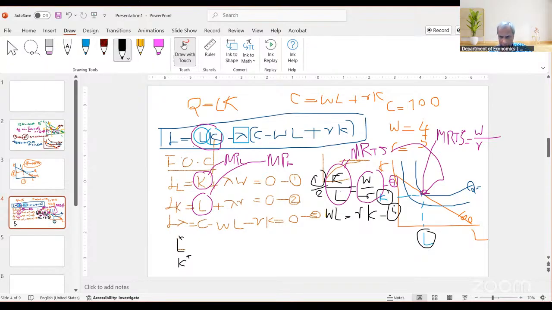Now when equation number 5 is plugged into equation number 3, what is equation number 3? C minus WL minus RK.